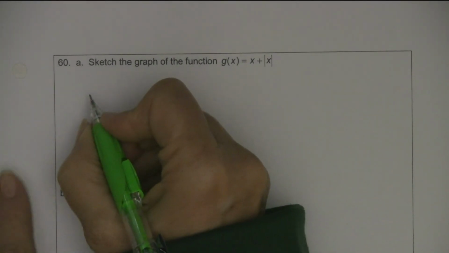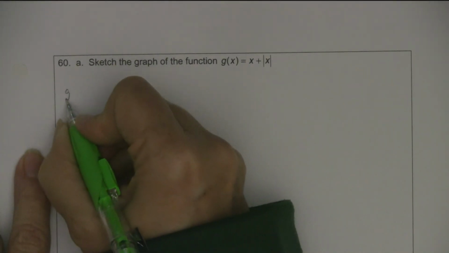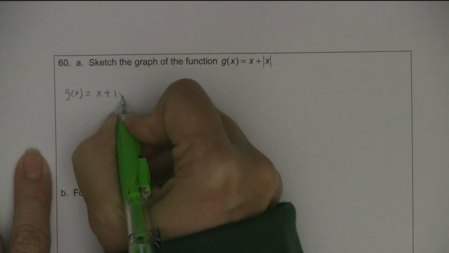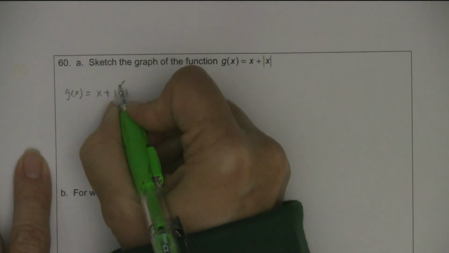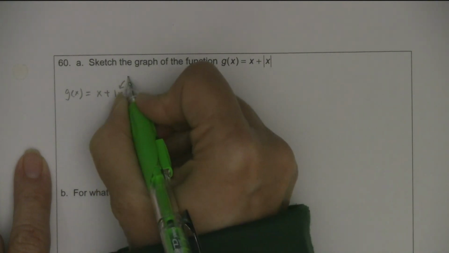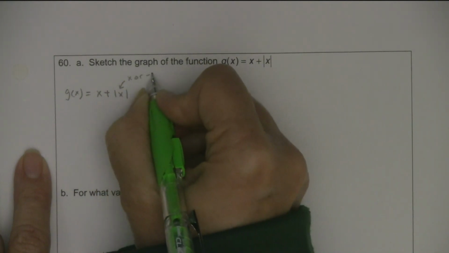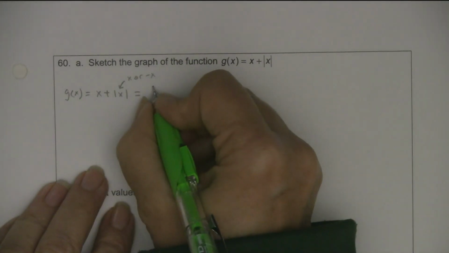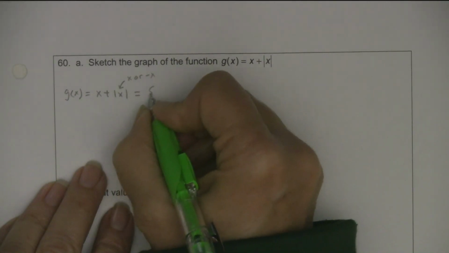And so what I would want to do is write this as x plus the absolute value of x. Now remember that this is either x or negative x, depending on what x is. So I always leave it the same in the numerator.